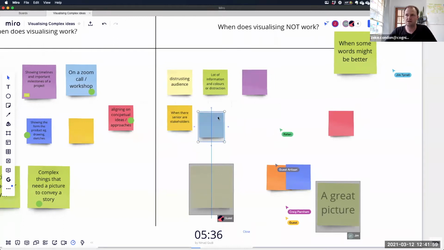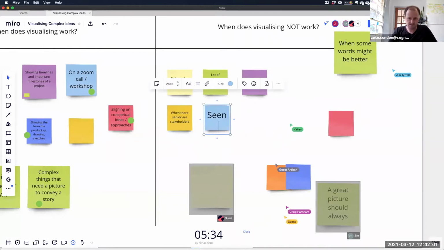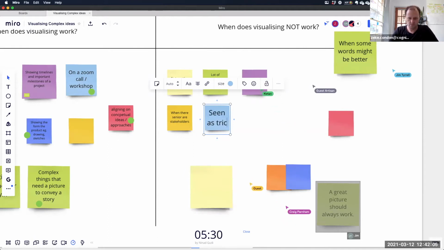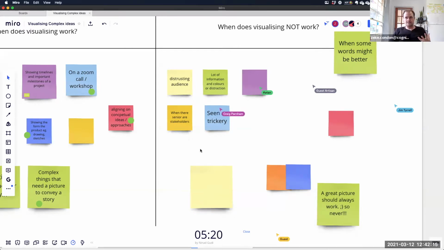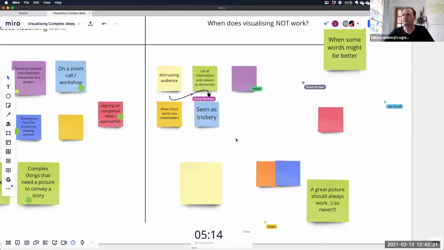So there's kind of the seen as trickery, I'm going to say. And there's a kind of that's linked to the stakeholders as well, when there's senior stakeholders. So I put that one. When there are senior stakeholders where there is potentially that distrusting audience, or there's seen as trickery.